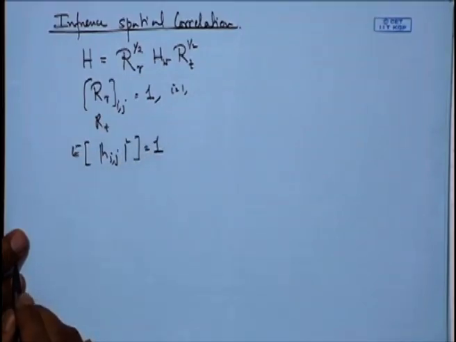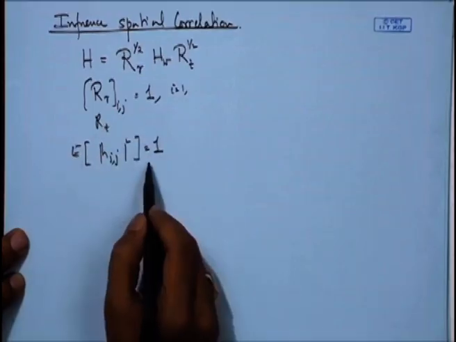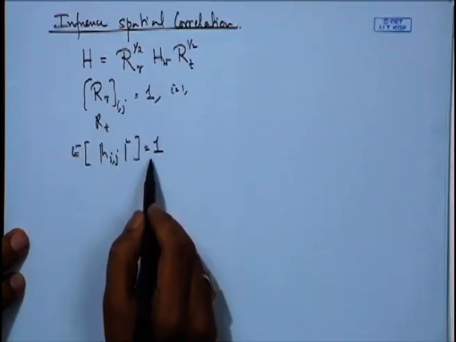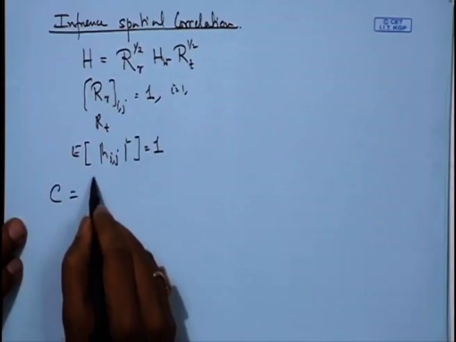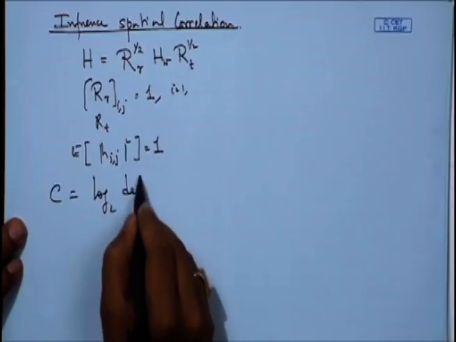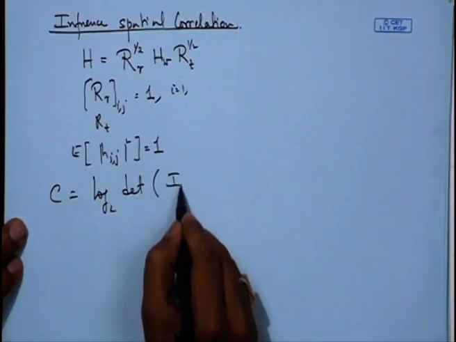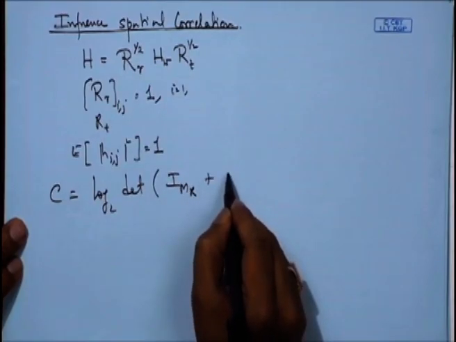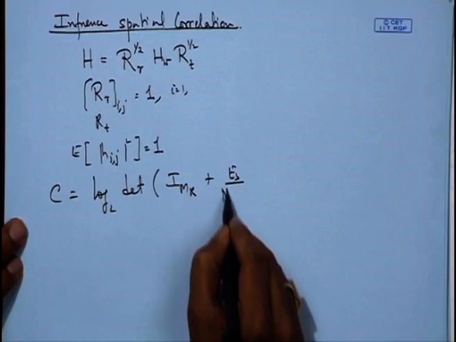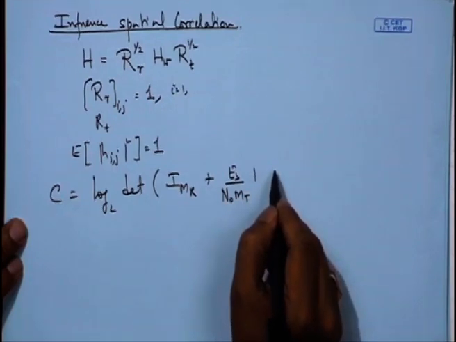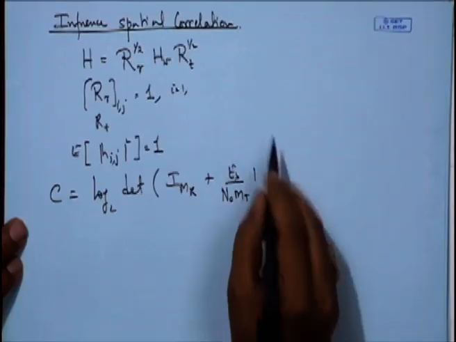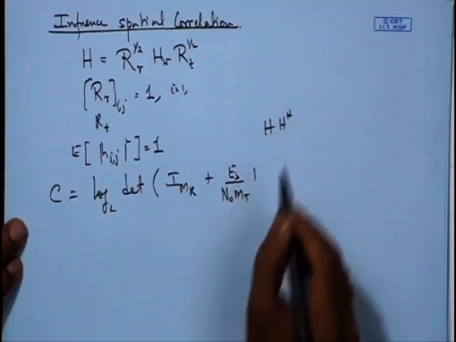So all we are saying is that the channel coefficients are normalized to unit power, and the expression of capacity that we have arrived at earlier is log determinant of I_MR plus Es by N0 MT times H H Hermitian.